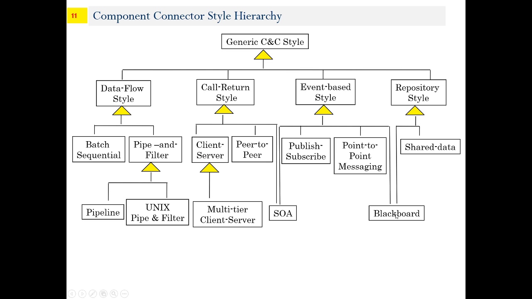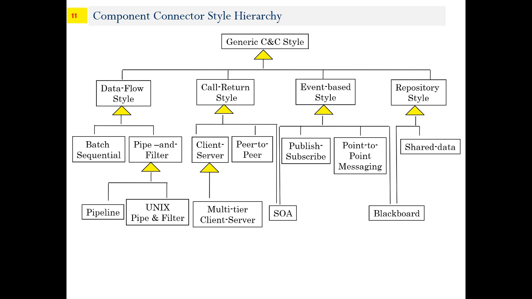In event based, as the event appears, the processing becomes active after that. Publish, subscribe: one thing is published through the ports and subscribers get the knowledge through subscriptions. Point-to-point messaging and SOA, that is service oriented architecture.